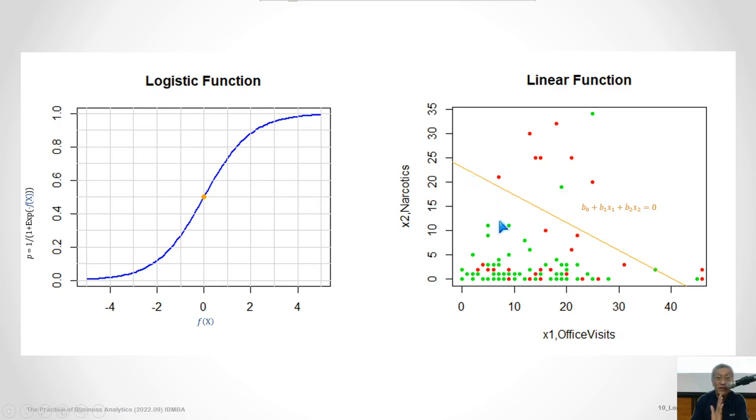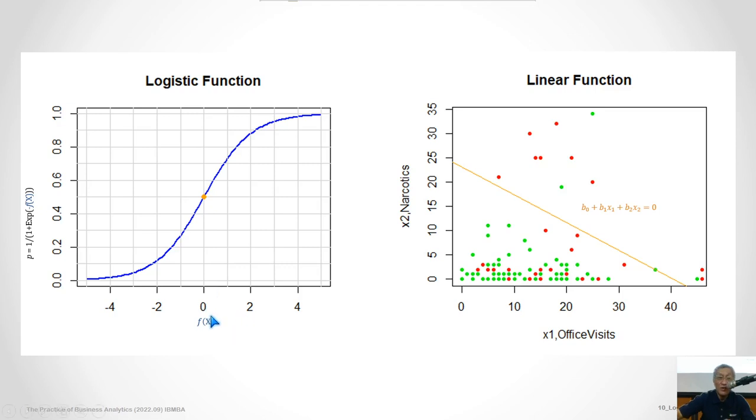And which means that in every point along the line, this linear combination equal to 0, right? When this combination equal to 0, f of x is 0, right? Which implies that the probability of y equal to 1 equal to how many?